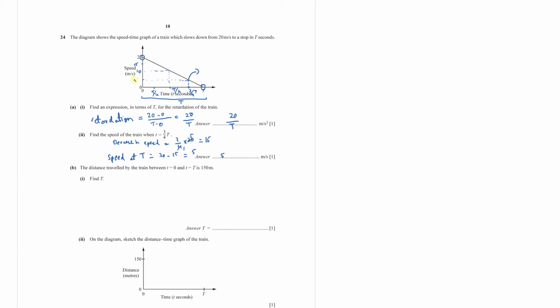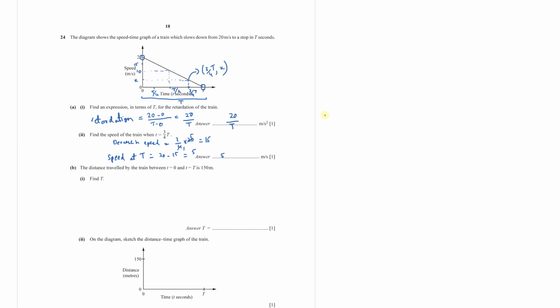So let's label it x. At this time 3T by 4, your speed is x that we have to find. So this point is 3T by 4 on the x-axis and the y value is x.